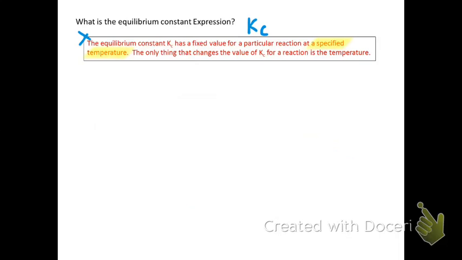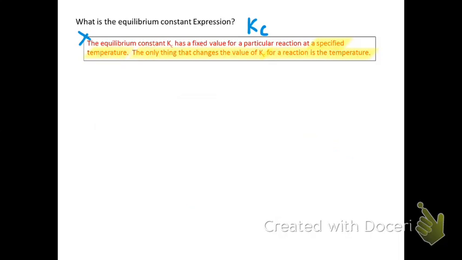Which means the only thing that changes the value of Kc for a reaction is the temperature. So every reversible reaction has an equilibrium constant Kc, and it changes from reaction to reaction. Now the only thing that can change that constant is the temperature. So again, we call Kc temperature dependent.